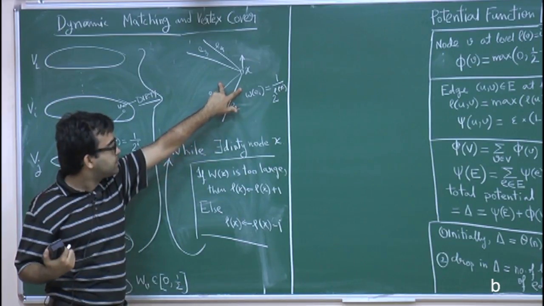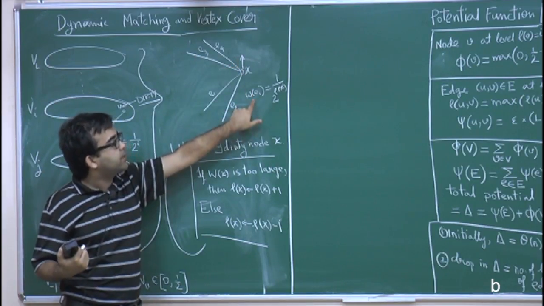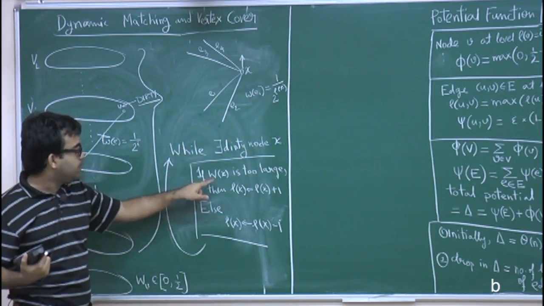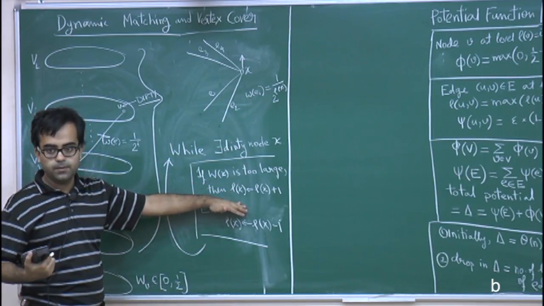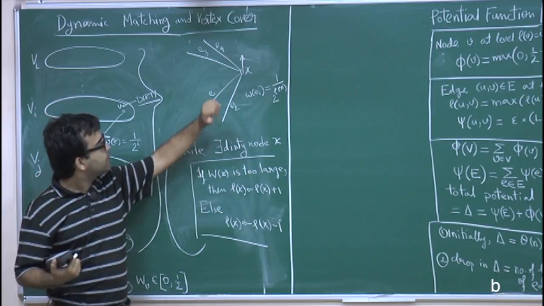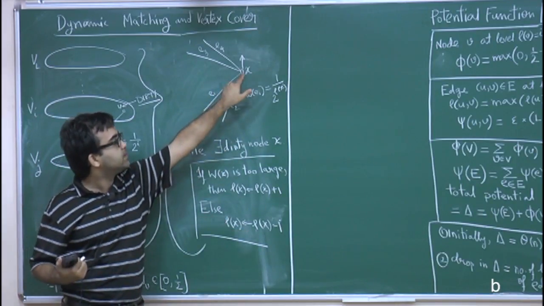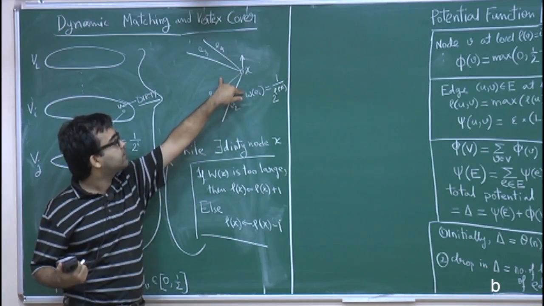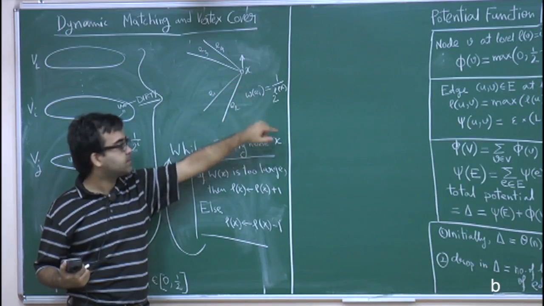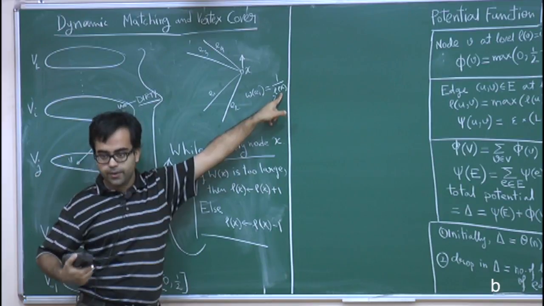So, the intuition is if x goes up, its weight will drop. So, if Wx is too large, it should go up. Similarly, if Wx is too small, then it should go down, because if x goes down, then the weights of E1 and E2 will increase, because Lx is now decreasing.